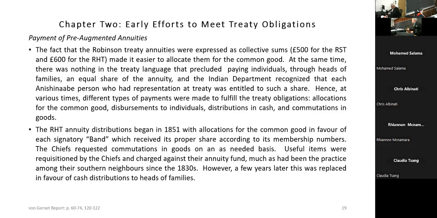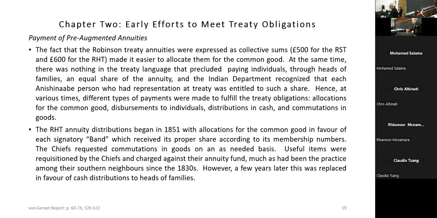The annuities were distributed into the annuity fund, and then from there, requisitions were made by chiefs and Indian agents to draw from them. In the process, they made sure that because these were multiple bands, not just one First Nation but many, each First Nation would get their allocations based on their populations. So that's how that worked.